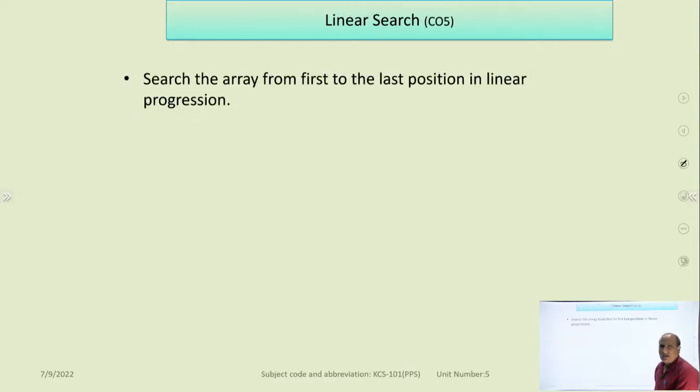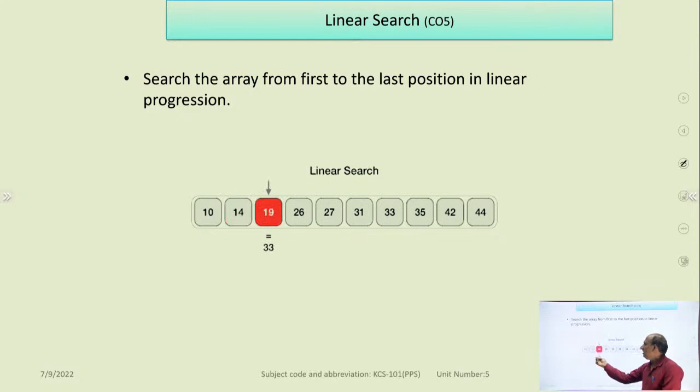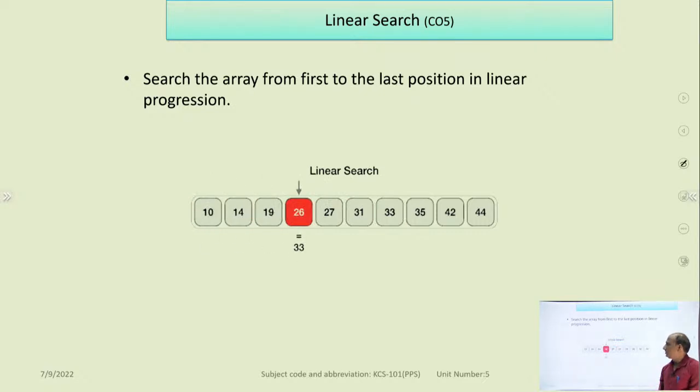This has been depicted here. We have a list and we want to search whether 33 is available in this list or not, and we can see that 33 is available at this position, so the search is successful.